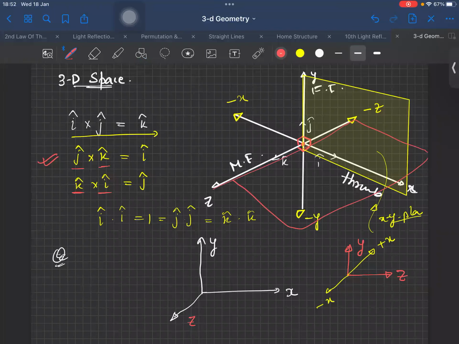Which plane is this one? You got the idea, right?